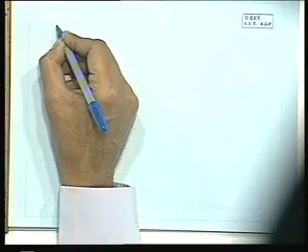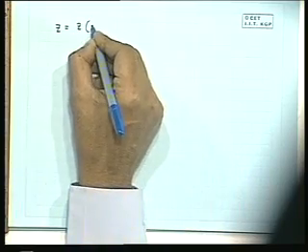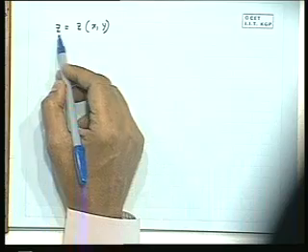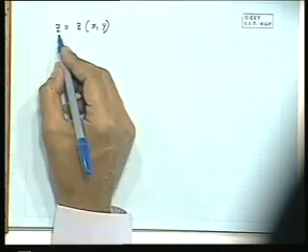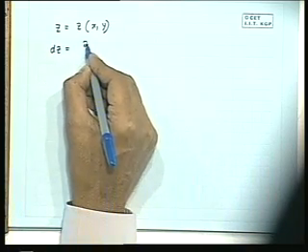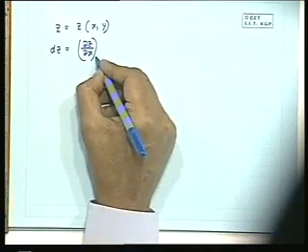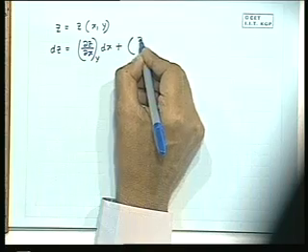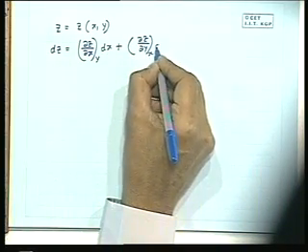Let us see, if Z is expressed as a function of two independent variables x and y, this is a very simple mathematical theorem, then the total differential of Z, dz, can be written like this: del z del x at constant y dx plus del z del y at constant x dy.